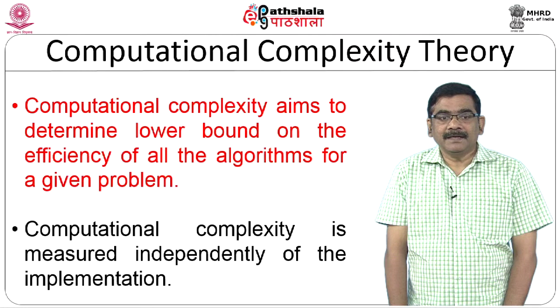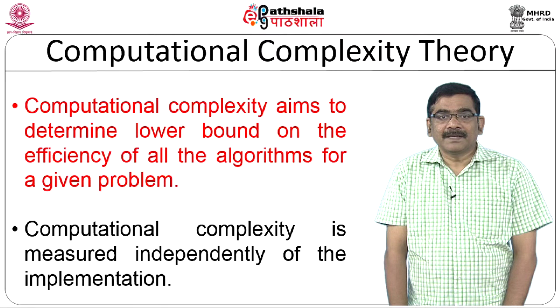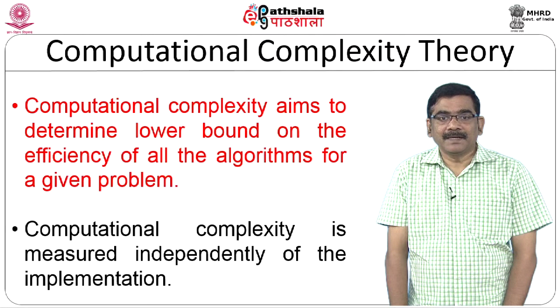Computational complexity is done independent of the implementation of the given algorithm. So, you can understand the focus of computational complexity, where we can say that computational complexity talks about the complexity of the problem itself.